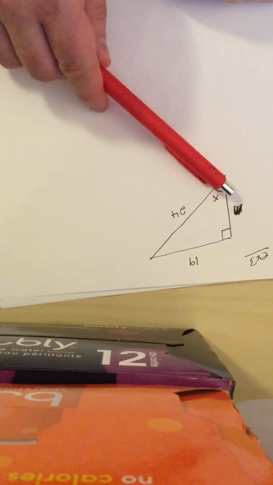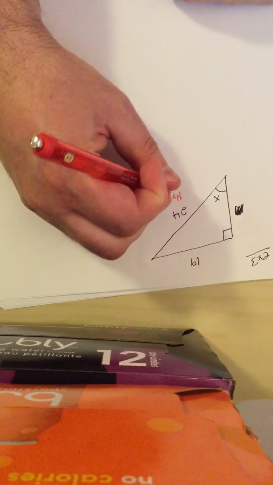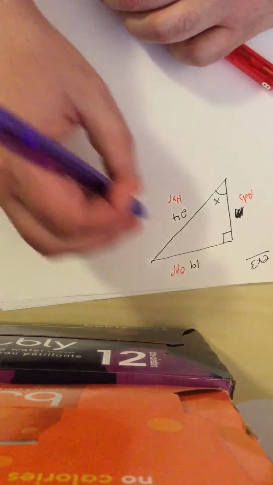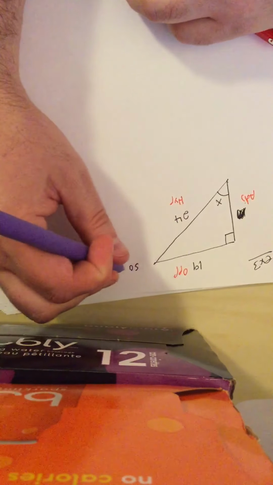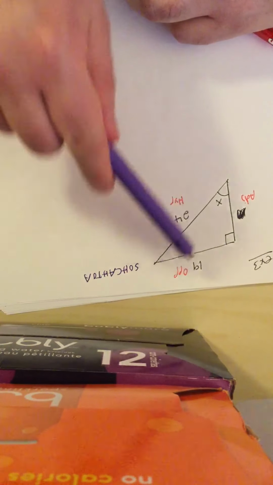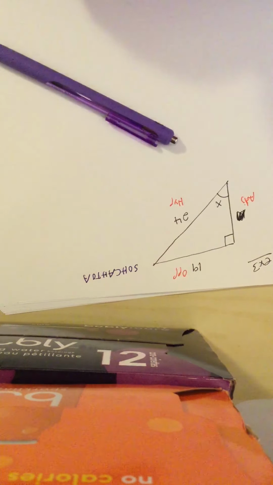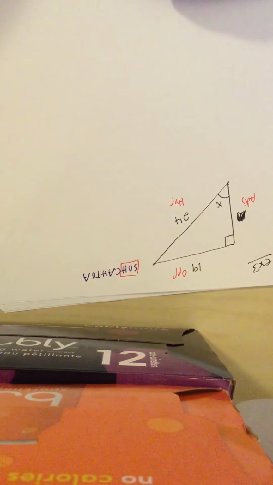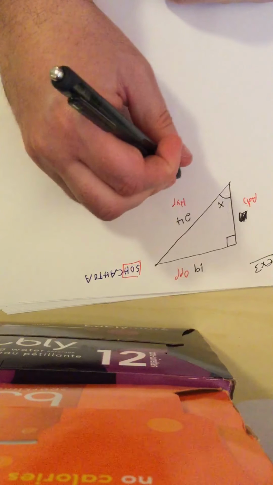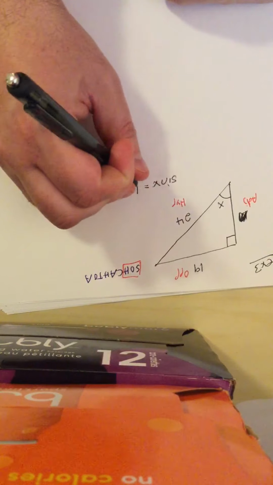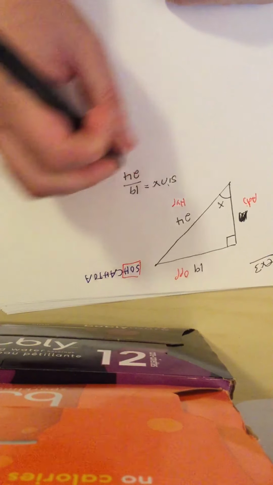So since we're trying to find x, this is the hypotenuse, this is the opposite the angle, this is the adjacent. We go back to SOHCAHTOA. We're looking for something that includes the opposite and the hypotenuse, which is going to be sine. So sine has the opposite and the hypotenuse. So then we have sine of x equals 19 over 24.